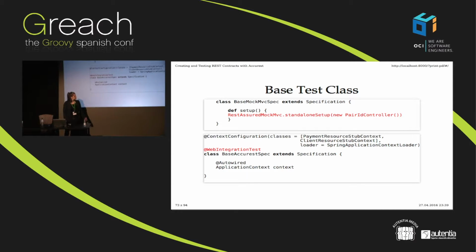We can instantiate our controller in the standalone setup, and then REST Assured MockMvc will make it work for us. And just with this line, the test that I've shown you will work. Or if we want to run it against a fully standing application, for example, when working with Spring, we have used web integration test, and we have passed some configuration, and then it raised the entire application. And we also have support for JAX-RS.